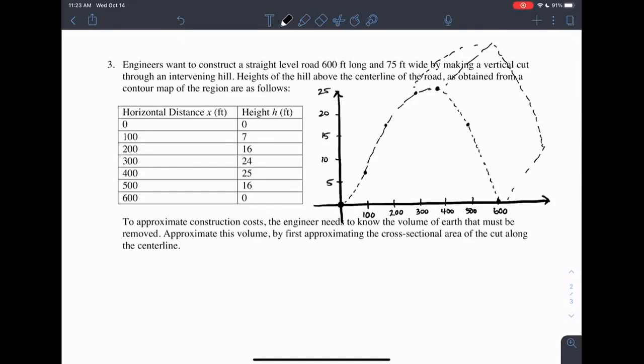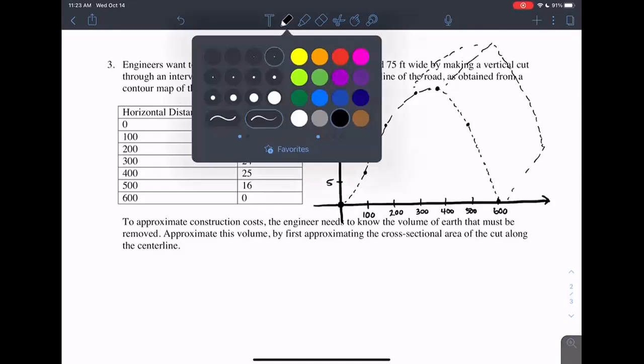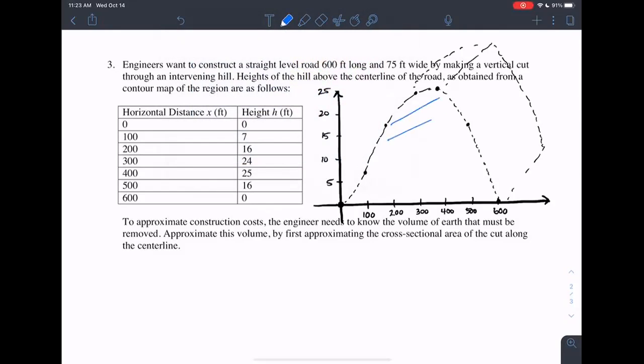To approximate the volume, we're going to start by approximating the area under the curve, and then multiplying by the depth of this hill that we have to get through, the 75 feet, and we will have the volume of dirt to be moved.